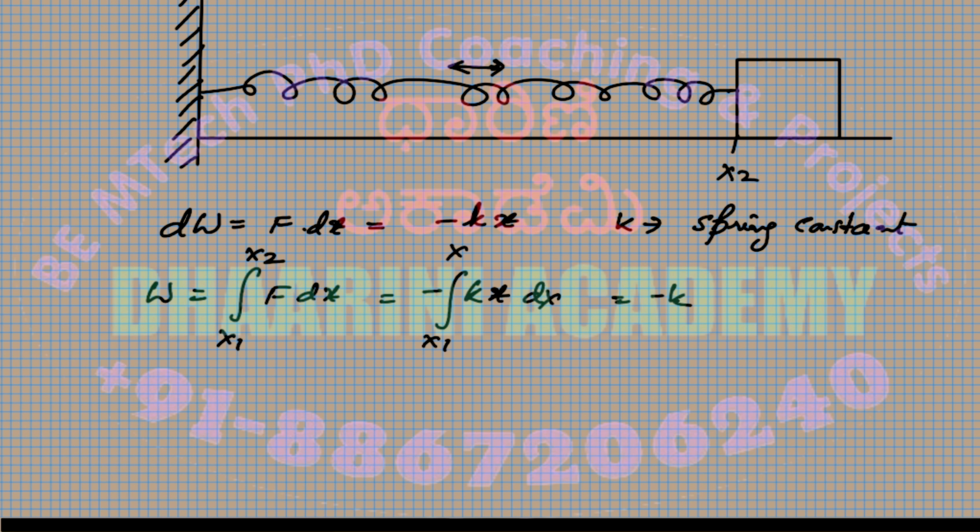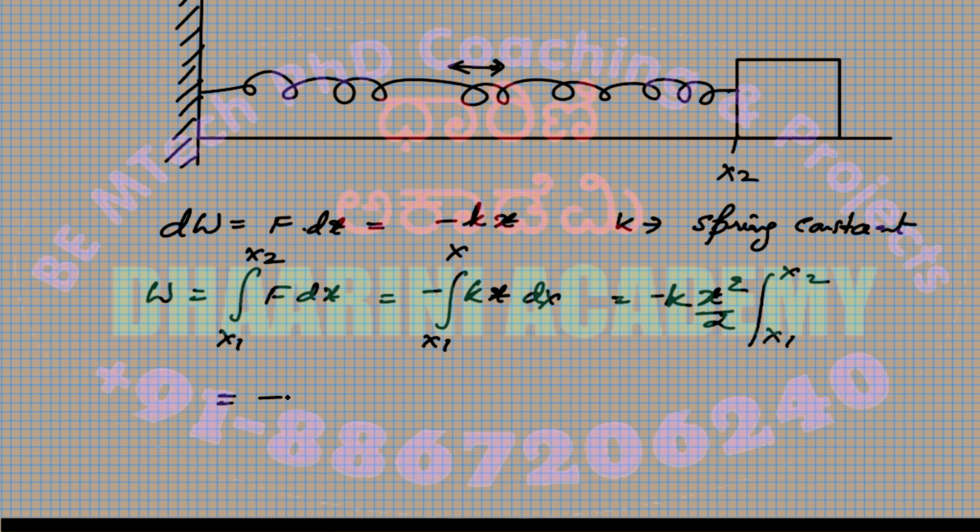So minus k goes out. And what happens now? So x, right? Okay, this is x square by 2 from x1 to x2.